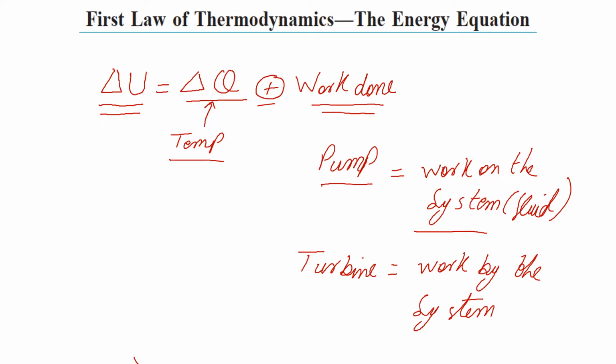So that is why we put a negative sign for work by the system and a positive sign for work on the system, because in one case the energy is added to the system, that is our fluid, and in the other case the fluid loses the energy.